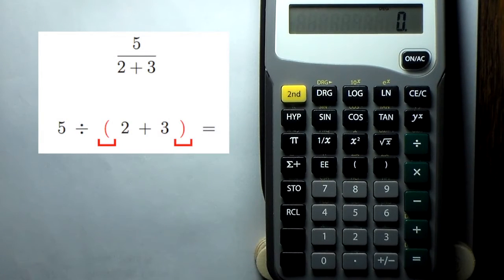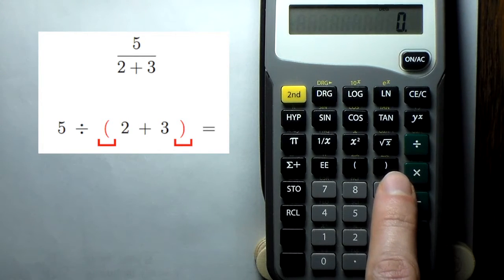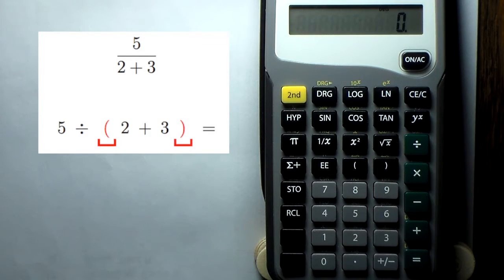For the next one, we're going to be dividing. So we have here 5 divided by 2 plus 3. Now, written out, you can obviously see that's going to be 5 divided by 5, so you should get the answer of 1. Now, when we're doing this, we are going to be using up here these little parentheses, right? Because we want to make sure when we're dividing that, the 2 plus 3 stays on the bottom, and we don't go there and say 5 divided by 2 and then plus 3, because we'll get a very different answer.